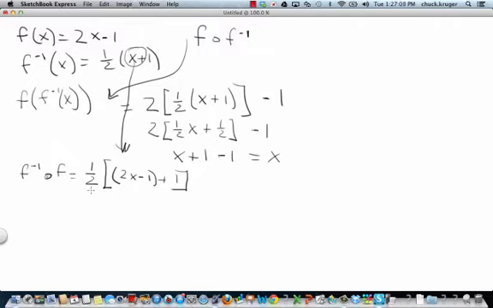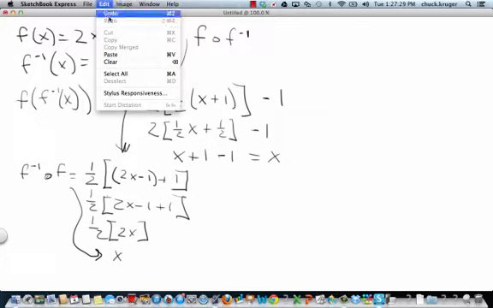Okay, so now I'm going to work inside this bracket first. So I have 2x minus 1 plus 1. It gives me 1/2 times 2x, which again is x. So if that happens, where I compose both ways and get x as my answer, that's the proof that they are inverses of each other.